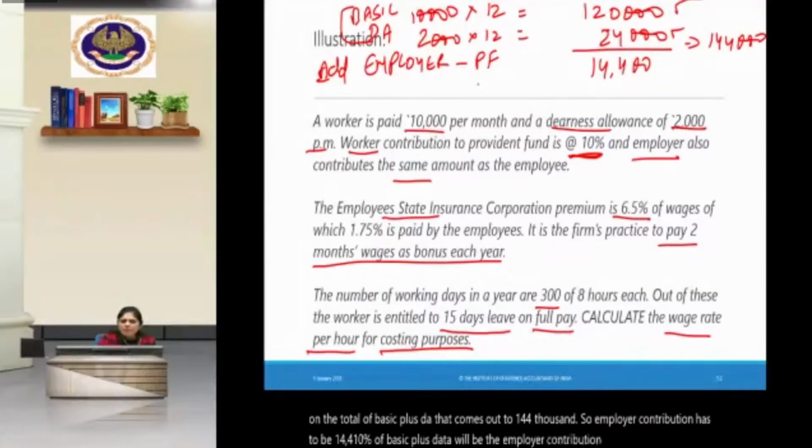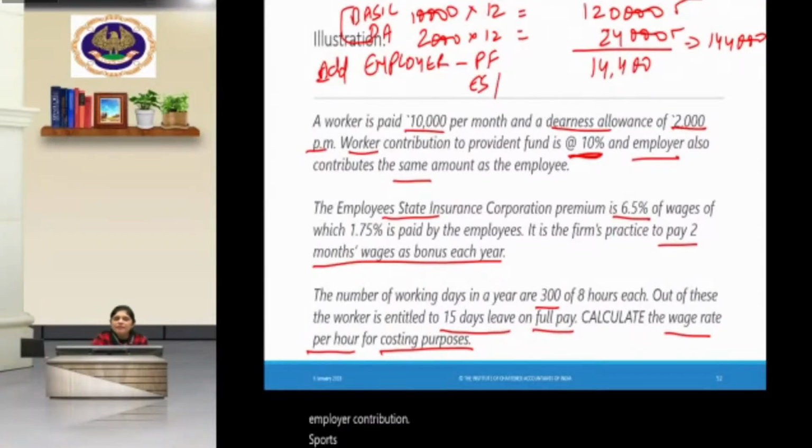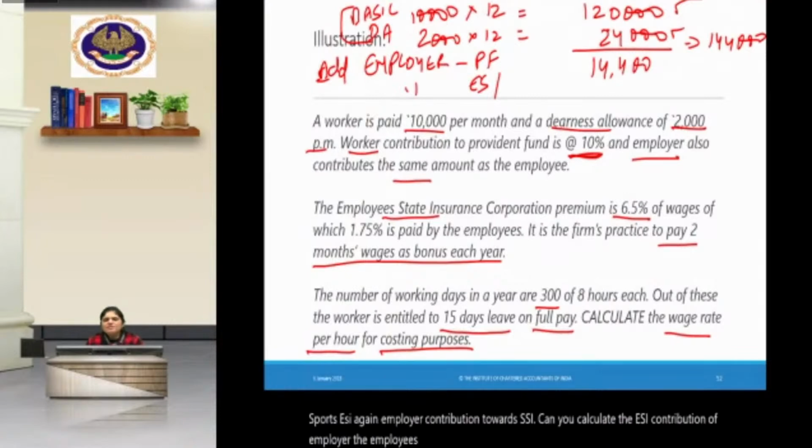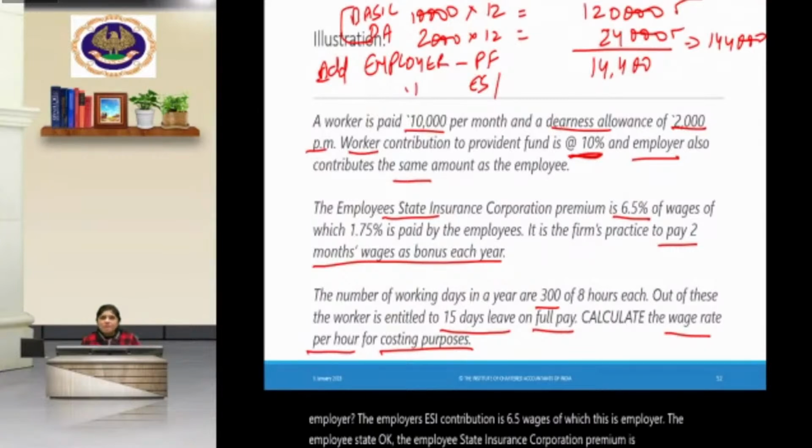Now come to ESI, the employer contribution towards ESI. Can you calculate the ESI contribution of the employer? The Employee State Insurance Corporation premium is 6.5%. ESI also, both contribute.